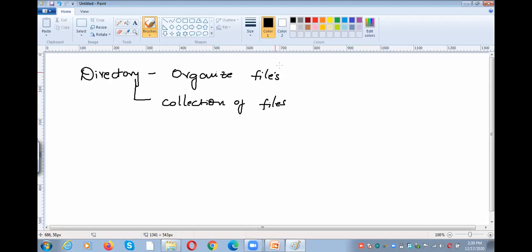Then what is a file? I already told you, file is a collection of records. And next what you need to know is what are the directory structures available.